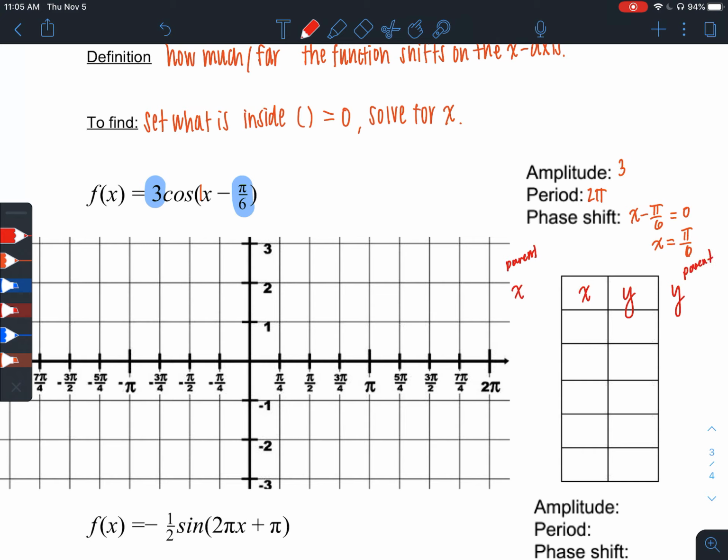So for x, it's going to be for cosine 1, 0, -1, 0, 1. Oh wait, that's for y. Huh? It should be 0, pi over 2, pi, 3 pi over 2, and 2 pi. Oh, dang it, I keep messing it up. The y values are 1, 0, -1, 0, 1.